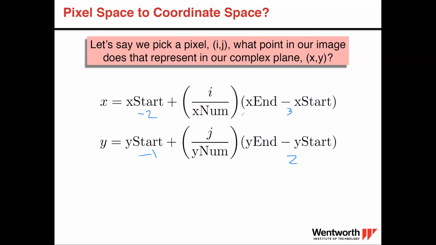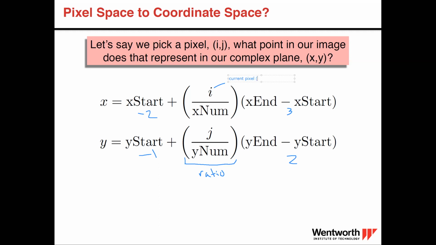Then we have this little multiplication. This is actually just, you can think of it as a ratio. We start at -2. How much of the range have we moved in our pixel? So this is going to be our current pixel. I'll use the text thing for this. That's the current pixel we're looking at. So that's the current X pixel, this is the current Y pixel.